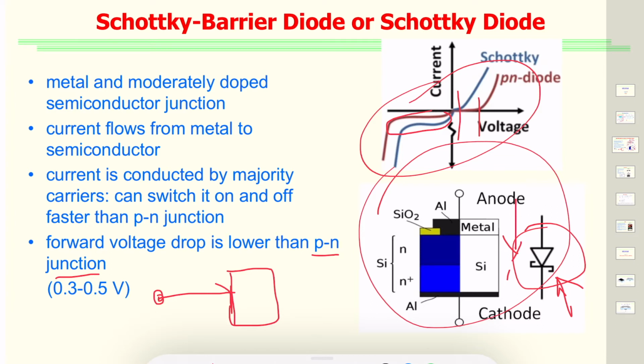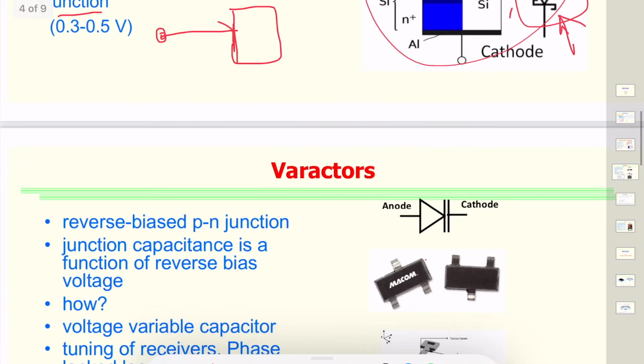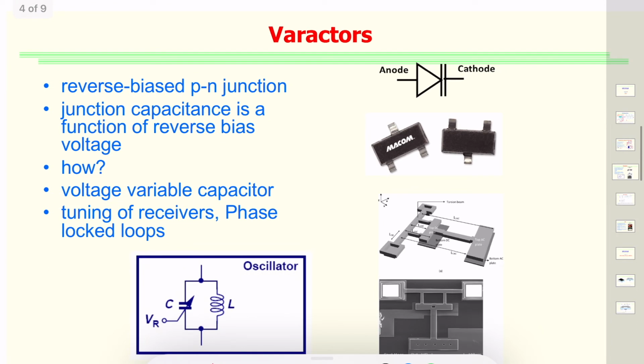Another application of diodes is what we call varactors. It's a reverse bias PN junction. If you think of a diode, there's P-type and N-type material, and this is covered more in a solid state devices course.